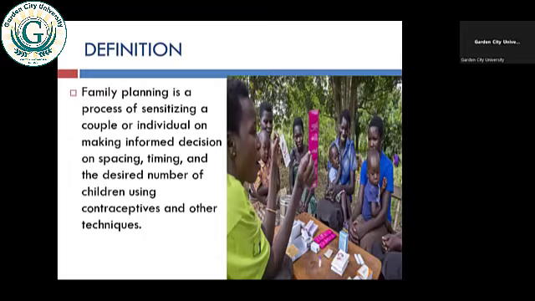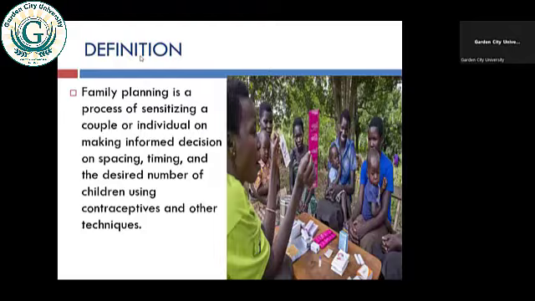And then what is family planning? Family planning, as you all know, is a process of sensitizing a couple or an individual on making informed decision on spacing, timing, and the desired number of children using contraceptives and other techniques.